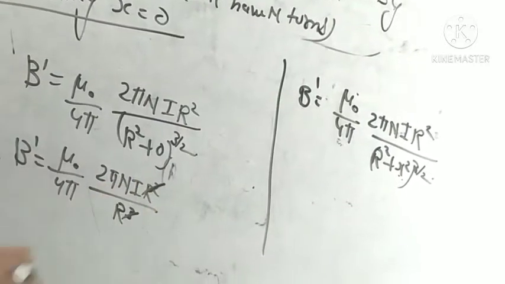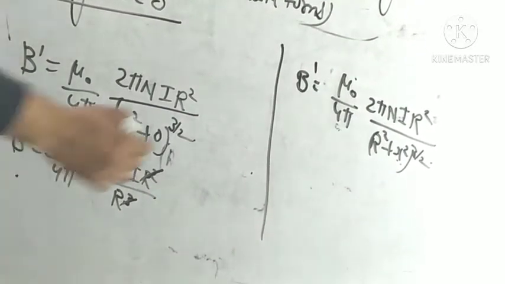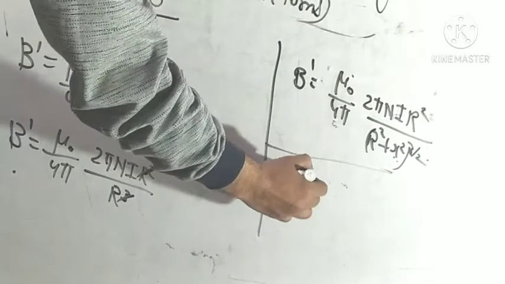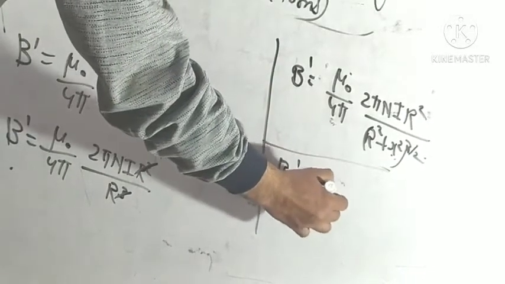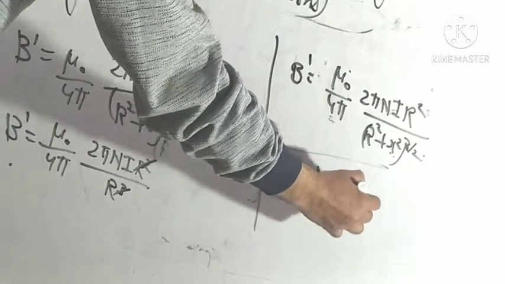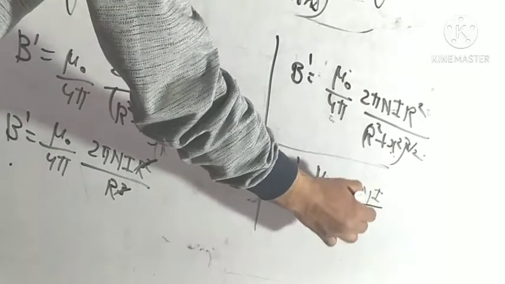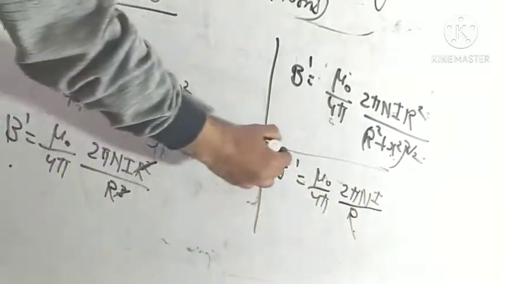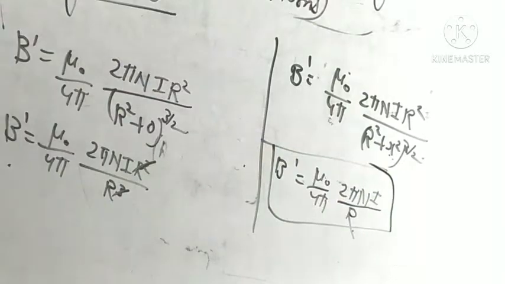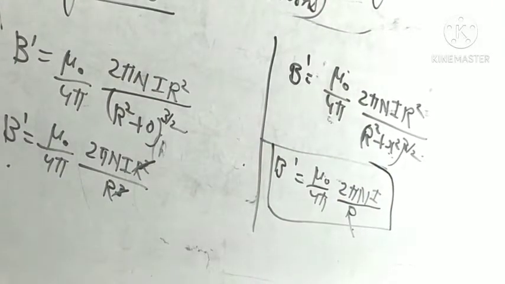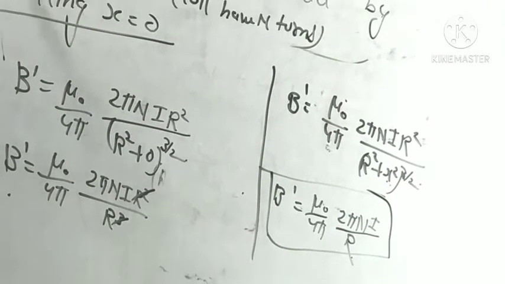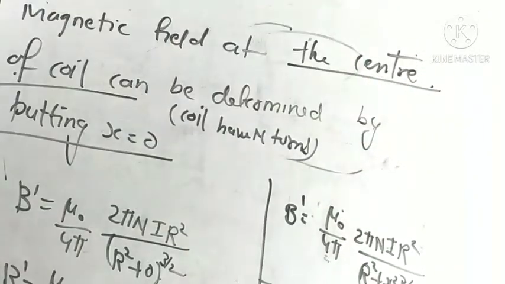R square and R cube cancel here, so finally B dash is equal to mu naught upon 4 pi, 2 pi N I upon R. This is the magnetic field at the center of the coil.